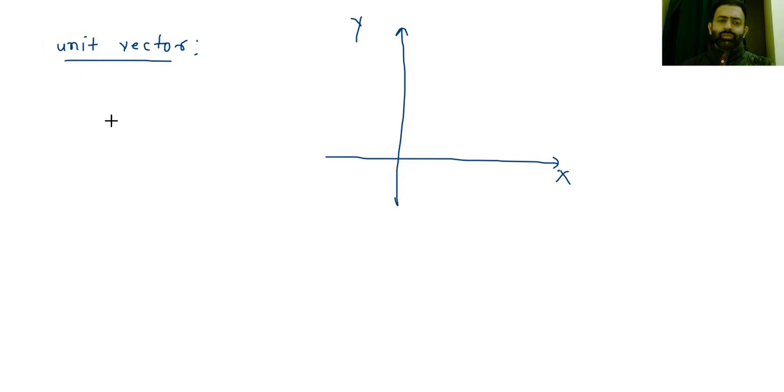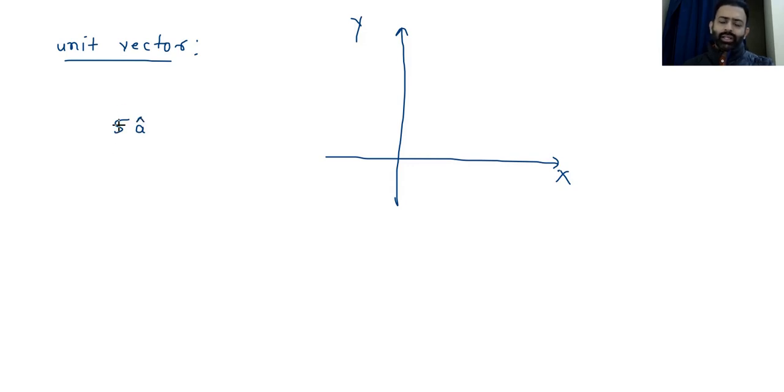So if there is a physical quantity which has only a magnitude of 5 units, and I multiply this 5 with a unit vector, it becomes 5 multiplied by that unit vector, denoted by a cap.